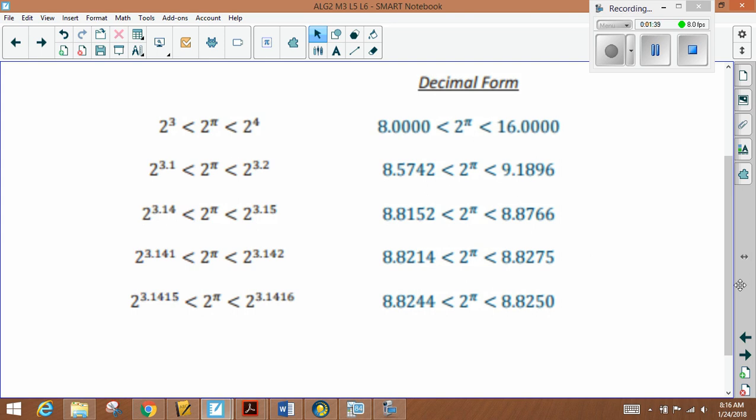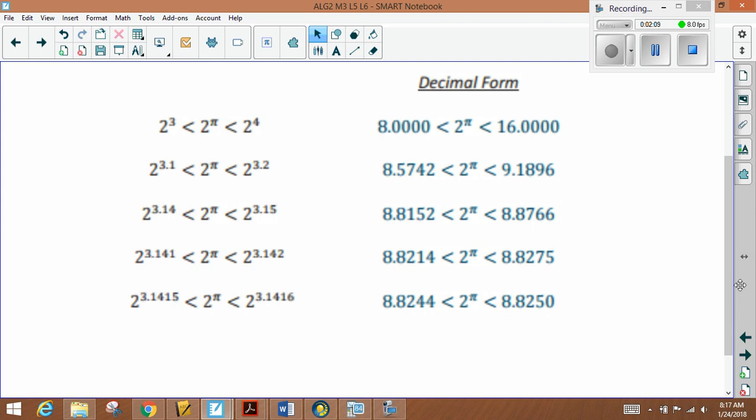So for instance, if I wanted to estimate 2 to the pi power, pi is approximately 3.14. Don't memorize that. I would rather know that it's close to 22/7. It's a much better number to memorize, in my opinion. And as we expand that decimal, we get closer to an actual approximation of 2 to the pi power.